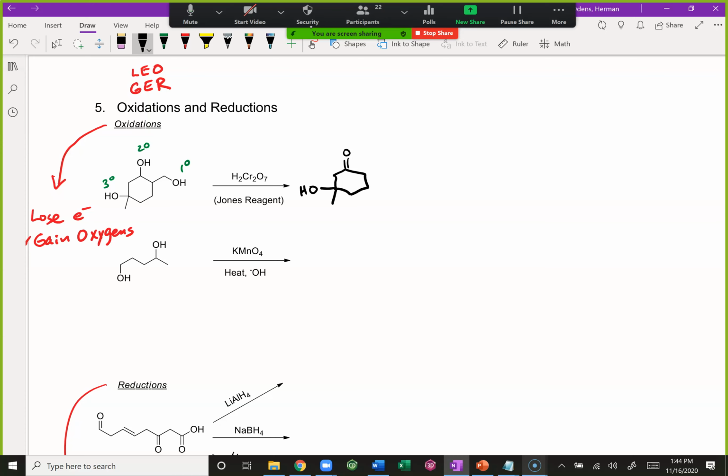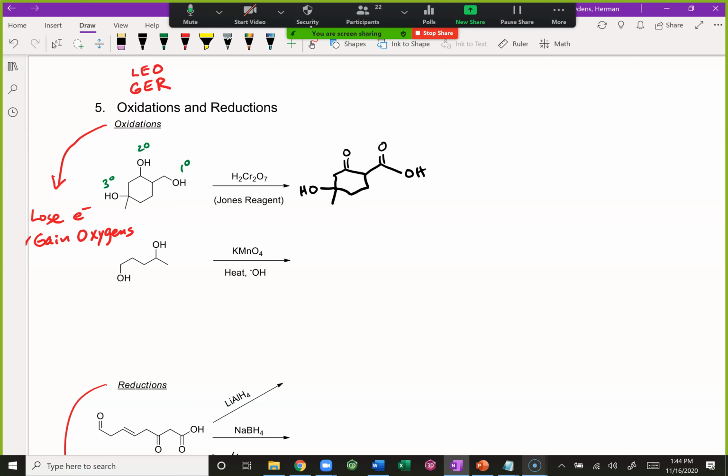So here, the secondary also will be oxidized, and the tertiary alcohol gets untouched because it doesn't fulfill the requirements for oxidation. It does both of them in the same step? Both of them in the same step. Yes, sir. Notice that it requires a hydrogen on the oxygen and a hydrogen on the carbon holding the oxygen.